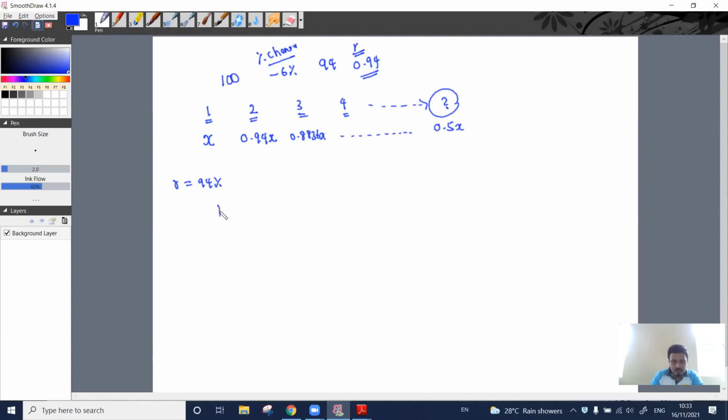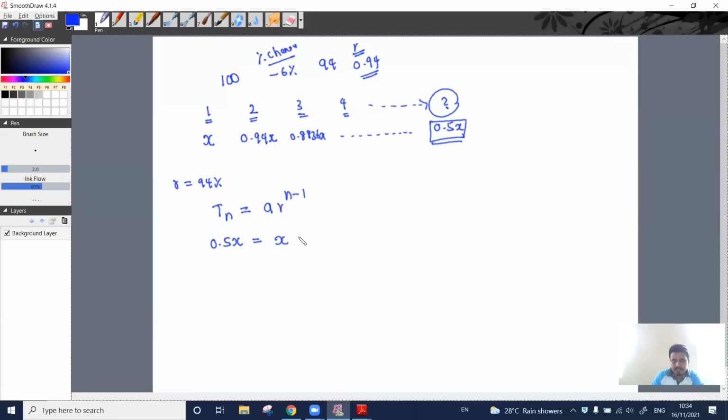Right? So the nth term of a geometric progression we can find by using this formula. Here now we know the nth term value. These are term values. We know what we need to get. 0.5x equals to what is the first term value?